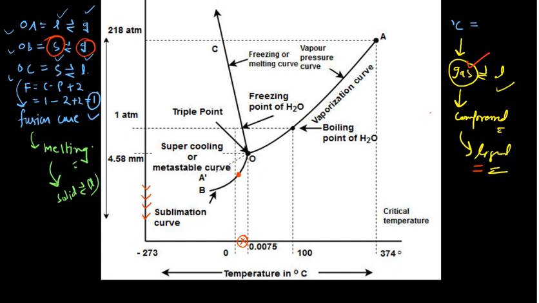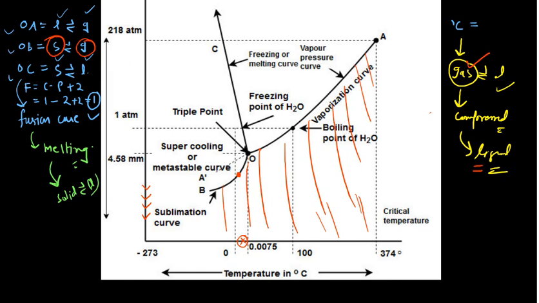You are fixing the temperature and decreasing the pressure, and when you decrease the pressure, you are converting the solid into the vapor. So this particular area belongs to another phase, and that phase would be your vapor phase.